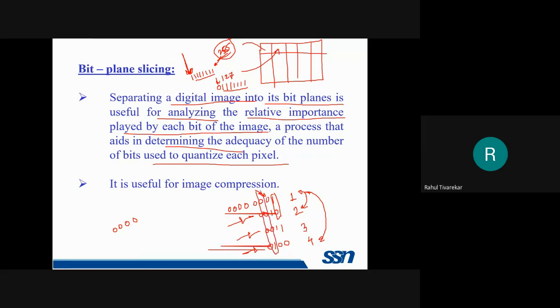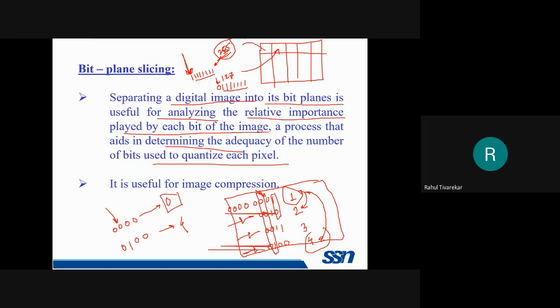If I compare bit position 2 for this intensity and this intensity, I see that there is 0 here and 1 here. I'm not comparing the LSB side. This is decimal 0 and this is decimal 4. As these numbers are very close, you can say that instead of 1 I have 0, so it is a big loss. You can say like this.